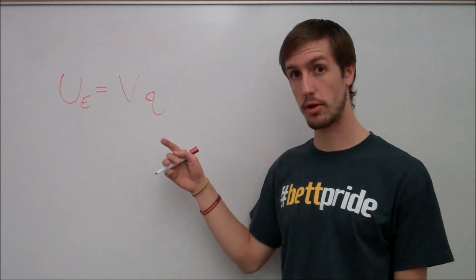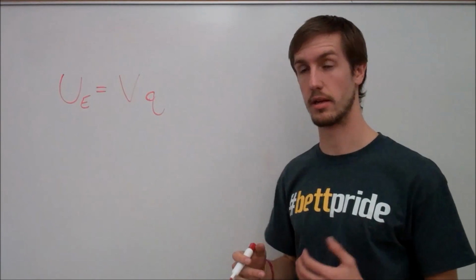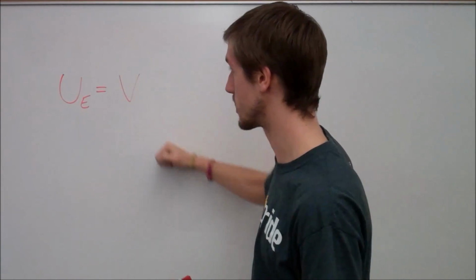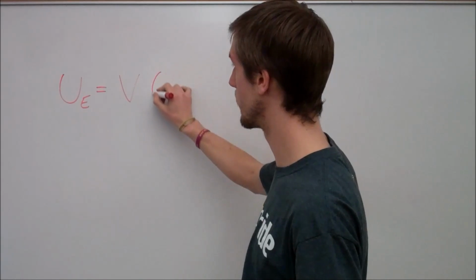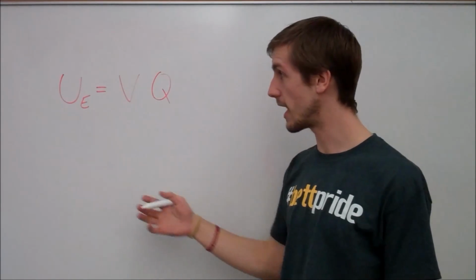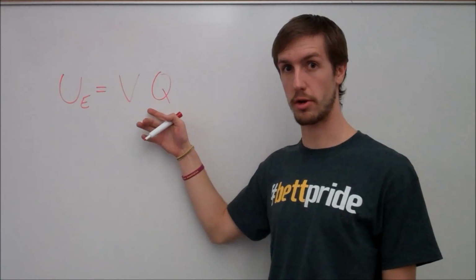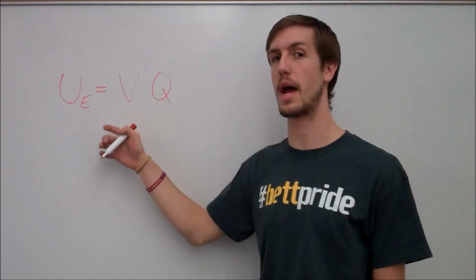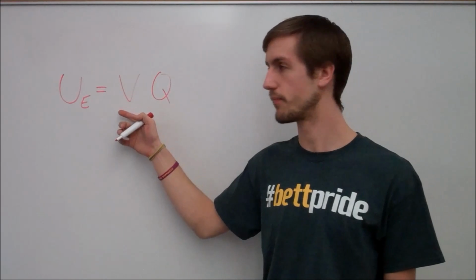Well, now my particle becomes a plate. So instead of a lowercase q as a particle, it's now a large particle. I can find out how much potential energy my large particle has by knowing the change in voltage that I had.